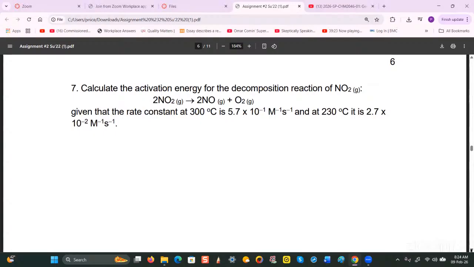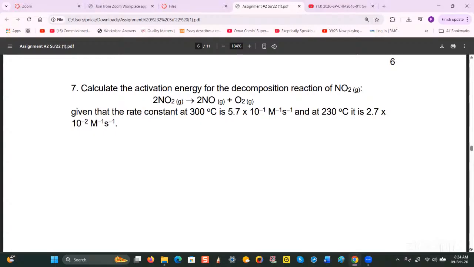There is a certain amount of energy that colliding molecules must have in order to perform bond breaking and bond making processes to get to the products. If the molecules do not have that minimum energy, the reaction won't take place. The molecules will just hit each other and bounce off and therefore not react.